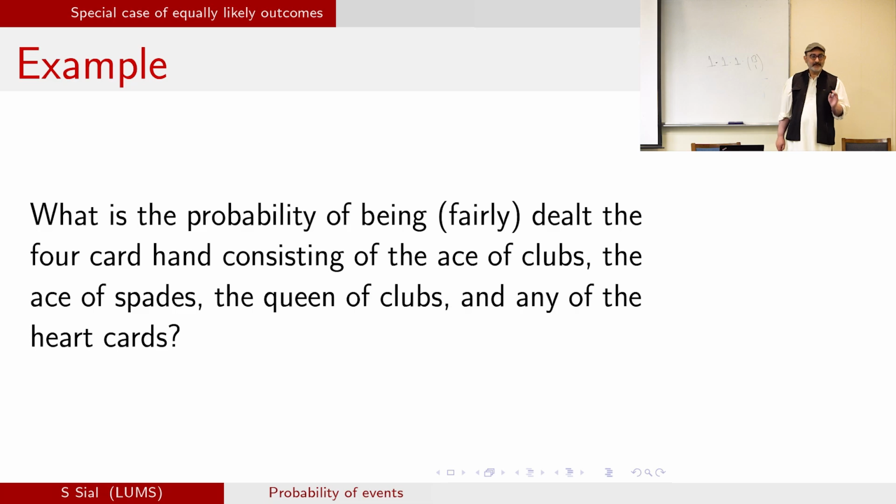So there are this many 4-card hands which meet my condition. All hands are equally likely. What's the total number of hands? 52 choose 4 equally likely hands. So 1 over that times the number of hands that meet the condition that you've set.